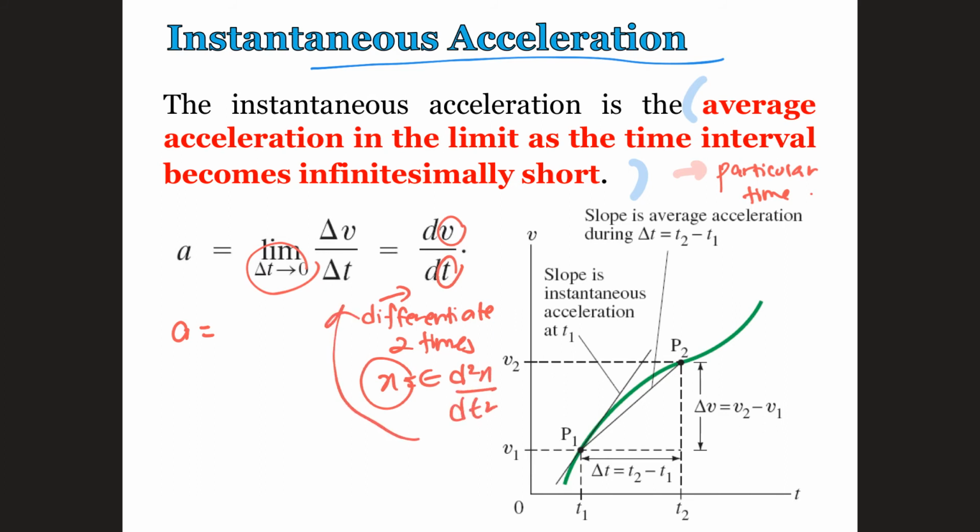Because if you differentiate 1 time, you get velocity, and if you differentiate 2 times, you get acceleration. When you say acceleration, it means instantaneous acceleration. When you want to talk about average acceleration, you need to put the word average there.